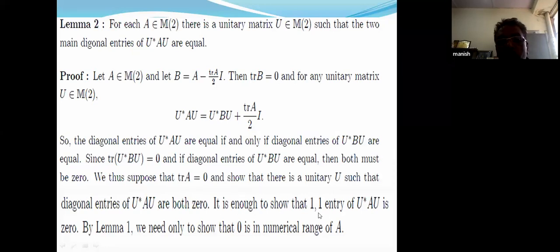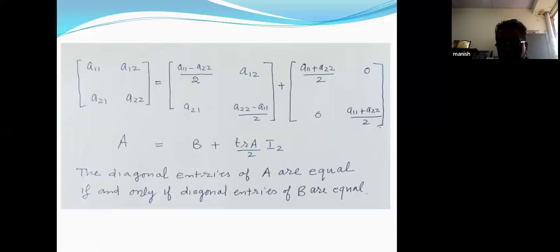So it is enough to show that one entry of U star AU is 0. Why? Because then by using the last lemma, we can find a unitary such that one entry of U star AU is 0. By lemma 1, we need only to show that 0 is in the numerical range of A.